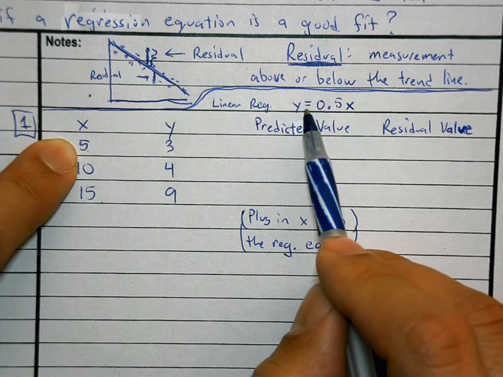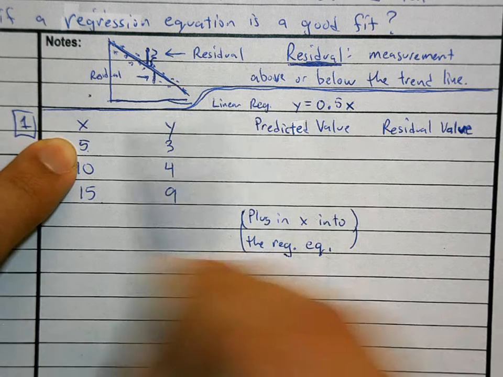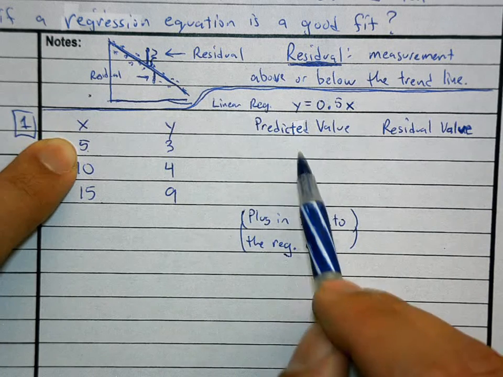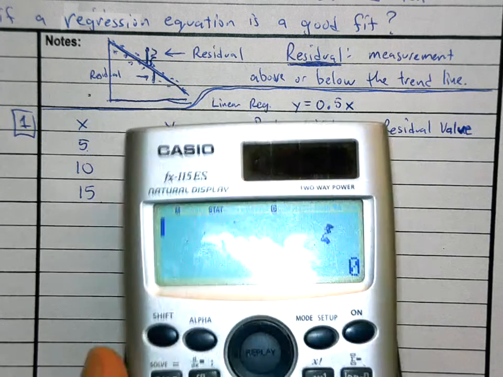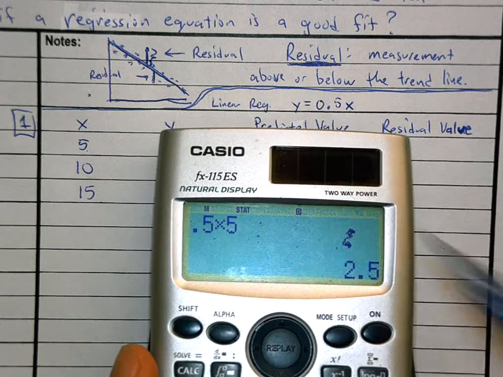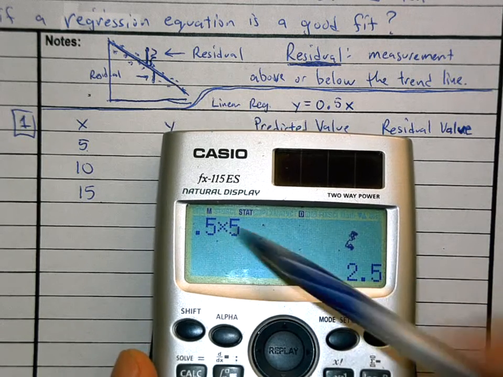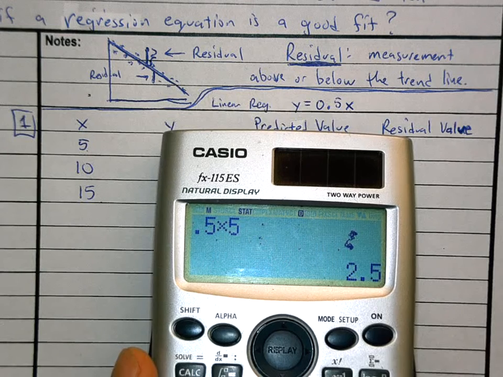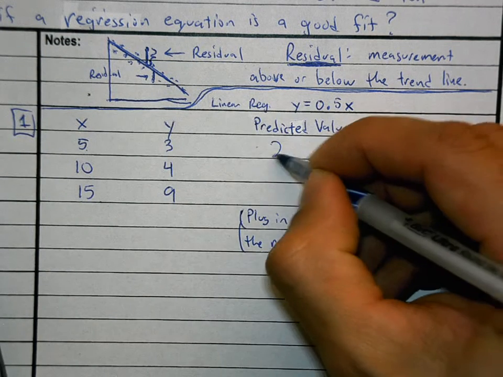What do I get for my y value? 0.5 times 5. You could do that on your calculators. If you're in the stats menu, you can still perform this calculation as long as you press the times button right there. You can also get out of the stats menu if you don't want to. So, what's my predicted value? 2.5.